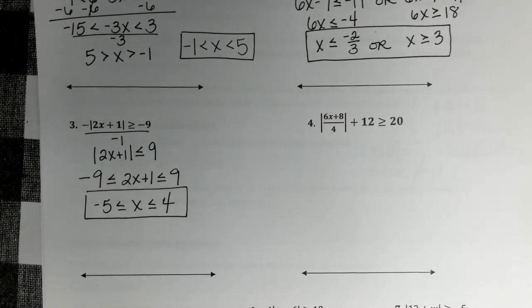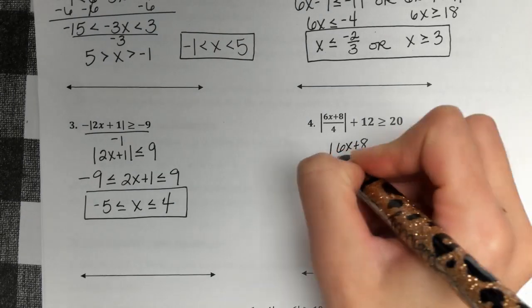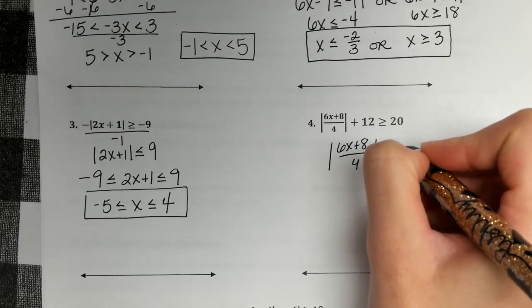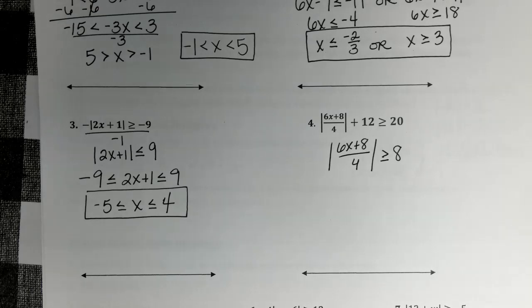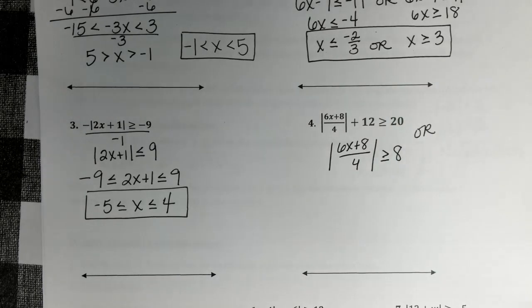Number 4, what do I do? Subtract 12. So the absolute value of 6x plus 8 over 4 is greater than or equal to 8. This is an OR.